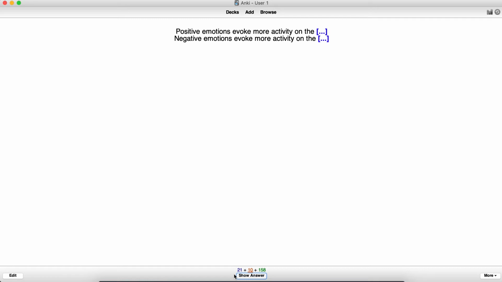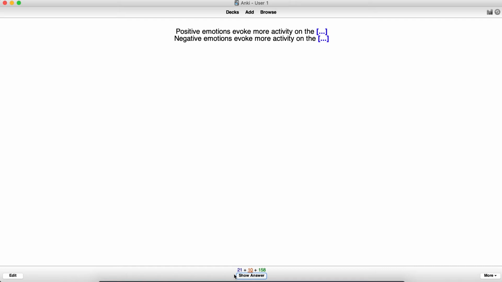Positive emotion evokes more activity on the left side of the brain, while negative emotion evokes more activity on the right side of the brain. How can I remember that? Negative, right side of the brain. Right is negative. Left is positive.